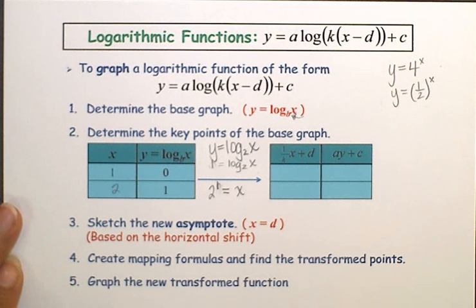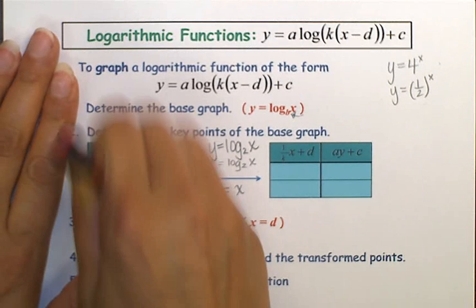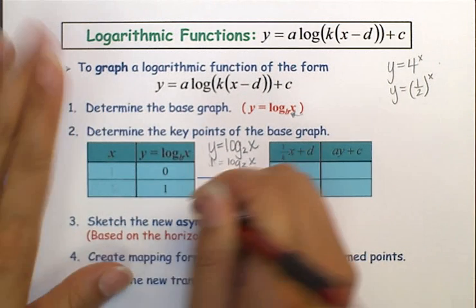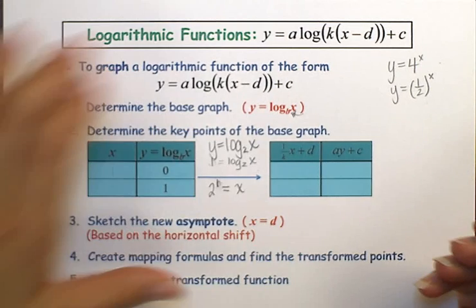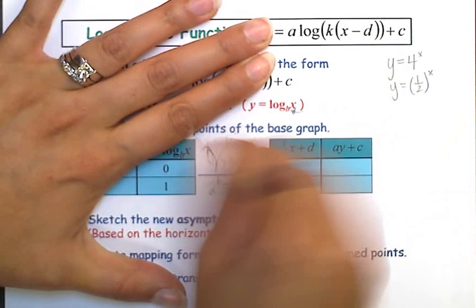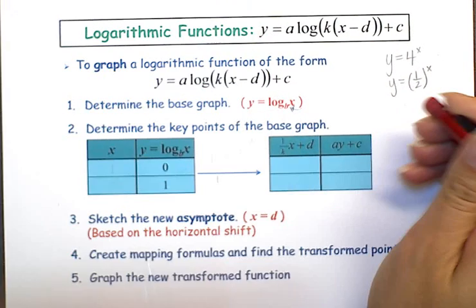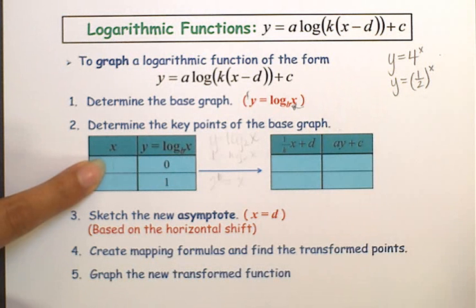Now this is going to change because it really matters which base you're looking at for your logarithmic function. So it's not always going to be 1 and 2. It's always going to be dependent on what the base function is. Okay, but I will tell you, to make it work a little bit easier, that the x value here will always be 1. Remember when we talked about an x-intercept of 1 and 0?